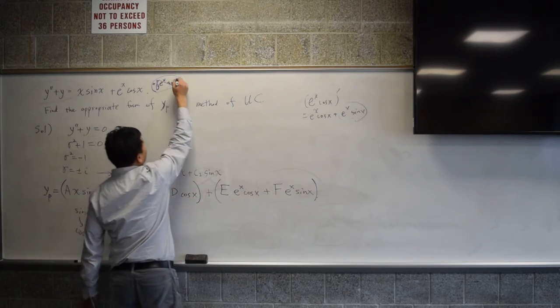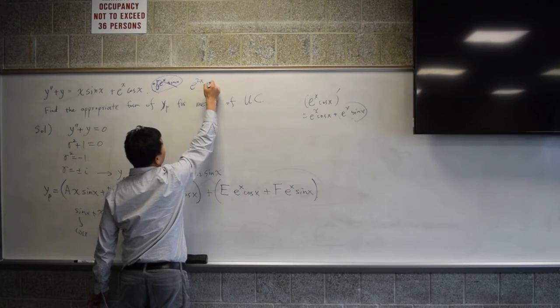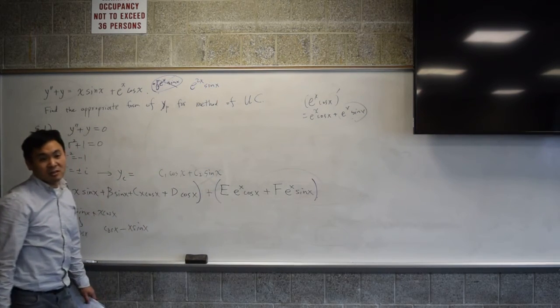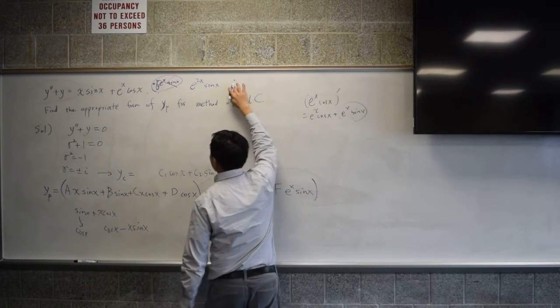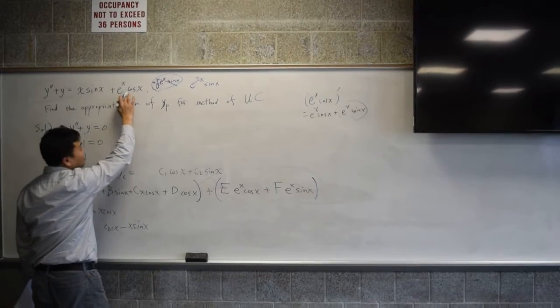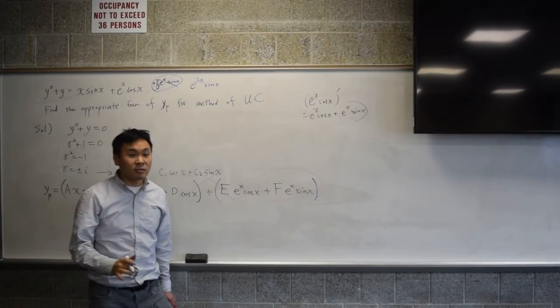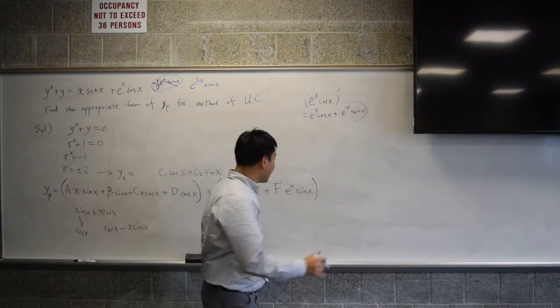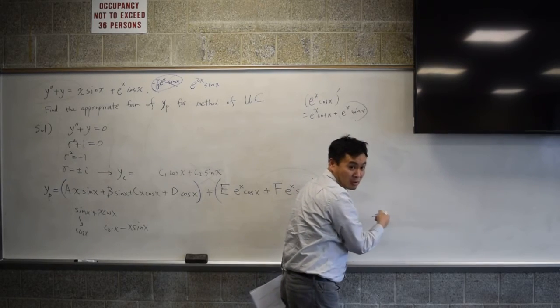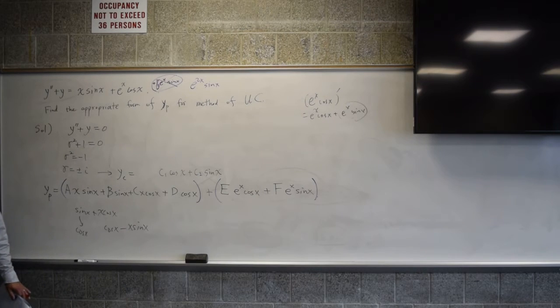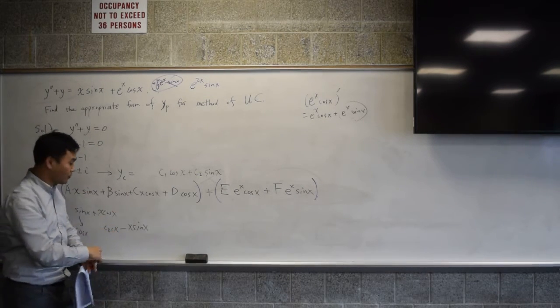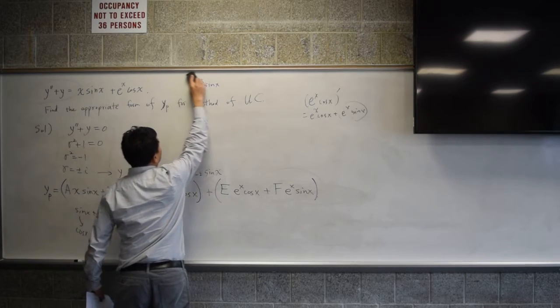What if I had instead e to the 2x sine x included? Then you would have another group, because e to the 2x sine x and e to the x cosine x are linearly independent. They're different functions. So in that case, I will need a whole different group produced by this extra term. Okay? So you have to know when to add another group or when not to.